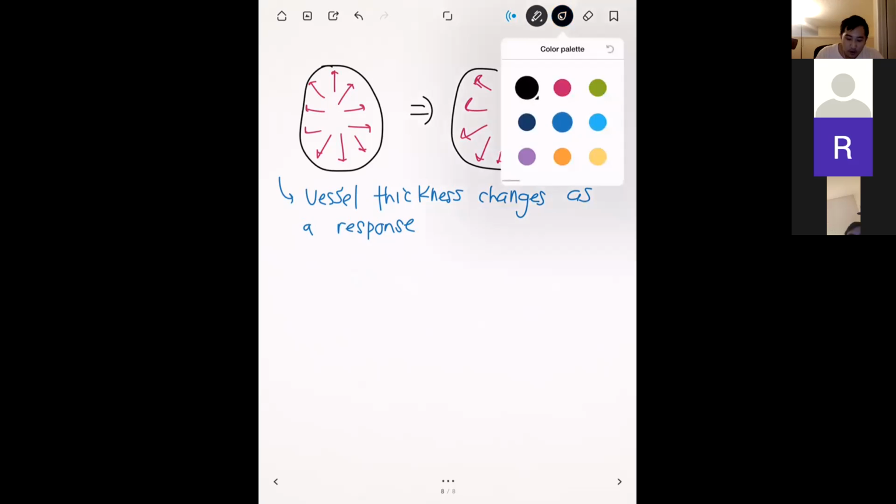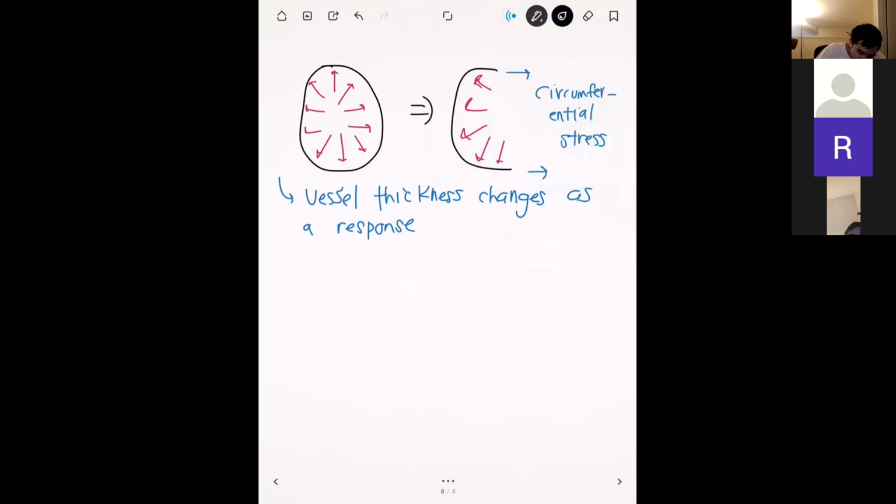Let me draw the figure to show you. Let's say that we have a standard blood vessel here, and the blood vessel wall is thick like this. If you have an increase in pressure, what your blood vessels will tend to do when you have high blood pressure is make your vessel walls thicker.